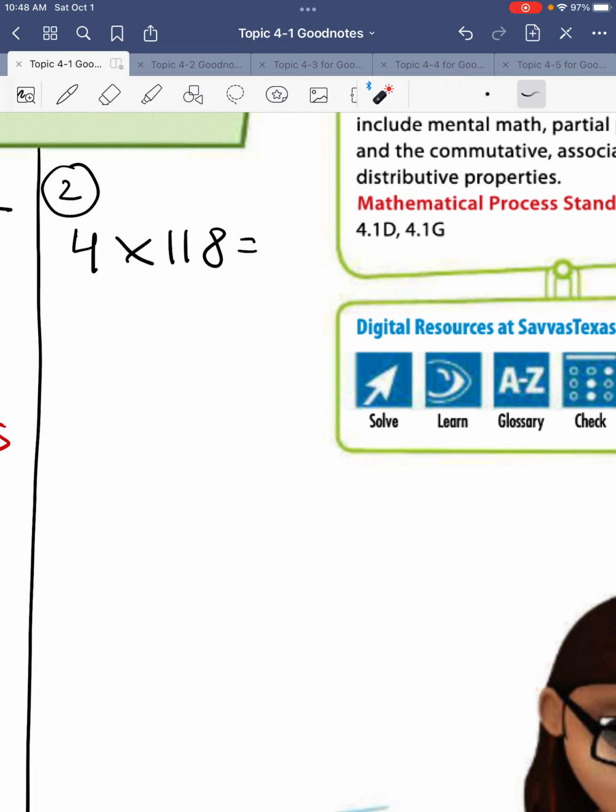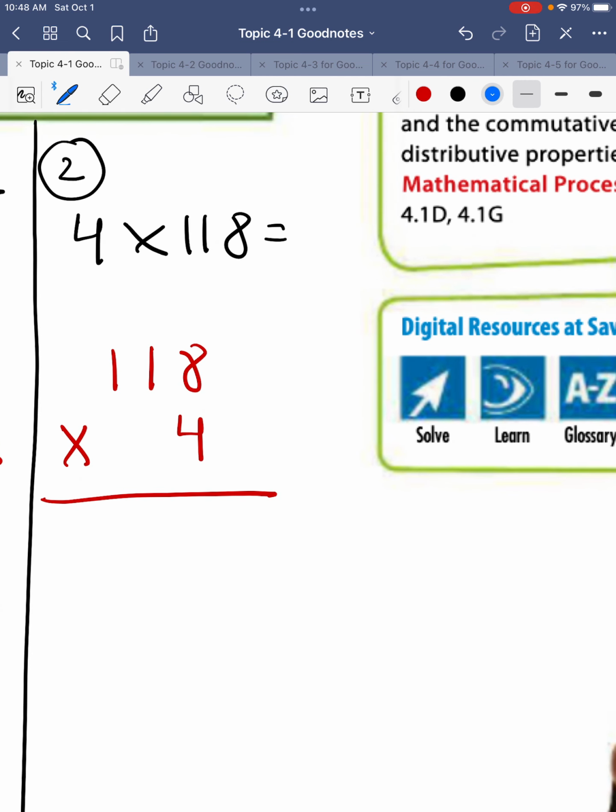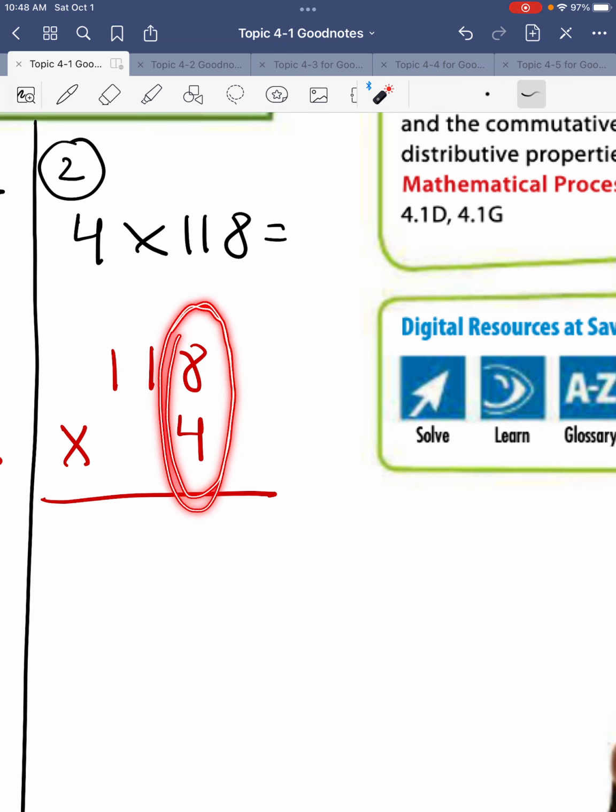Like, I don't know. So instead, I'm going to do it this way. 118 times, and I'm going to put the 4 under the 8, okay? This is the standard way. This is the way that we do it when you get to middle school and high school, and the way you do it forever. So I'm going to start with the numbers in the ones place, okay?